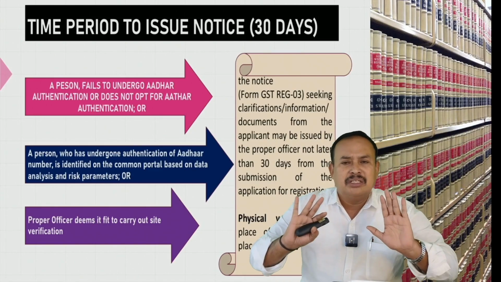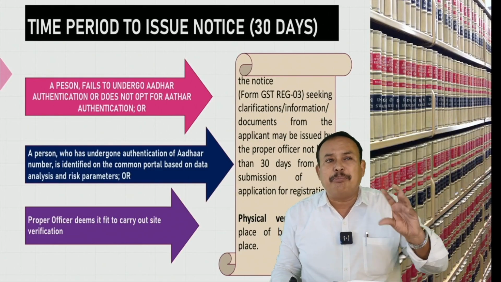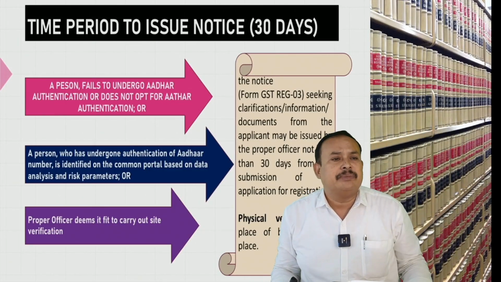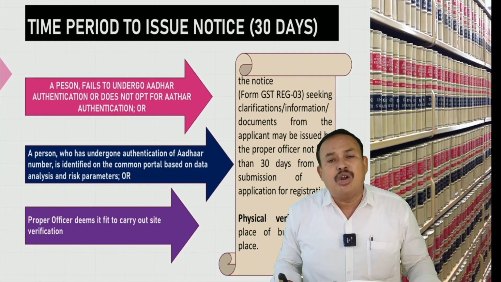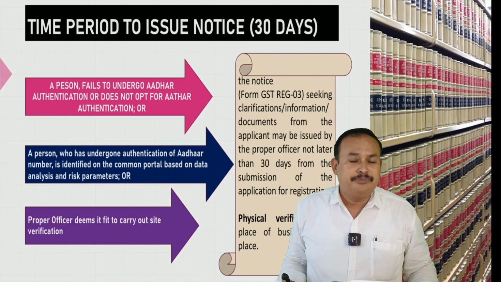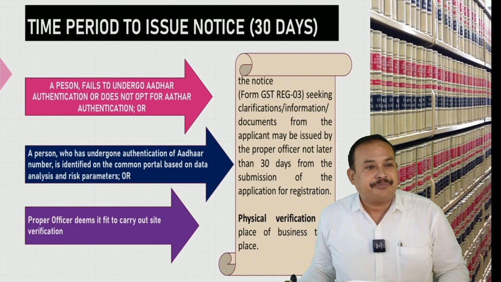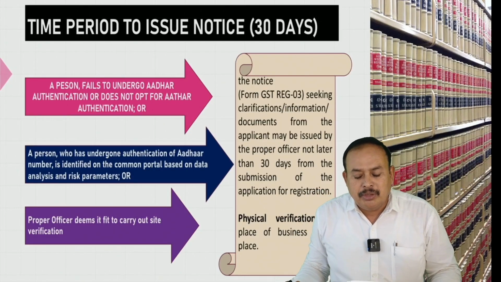The system shows no riskiness, in spite of it, the department wants to know whether the applicant really exists or not. We want to go for physical verification. Then the physical verification takes place. In the case of physical verification, the notice will be issued by taking a time of 30 days from the date of application. Is that clear? Got the clarity?